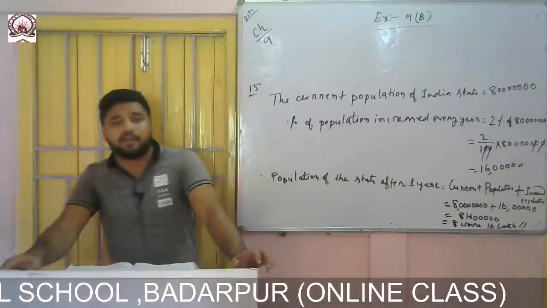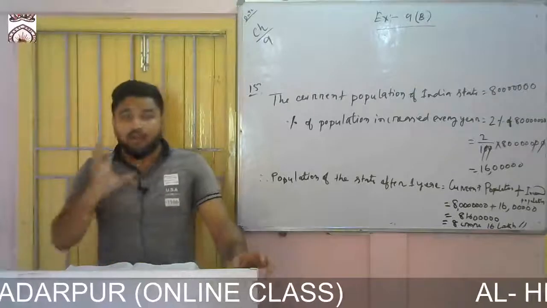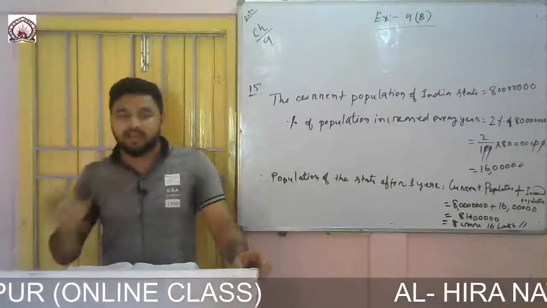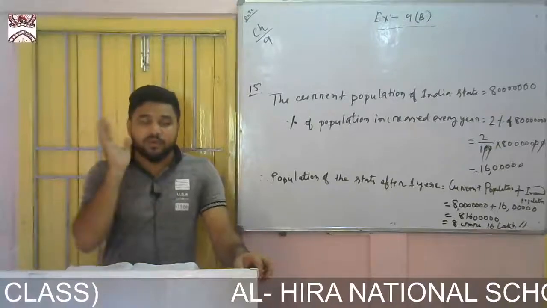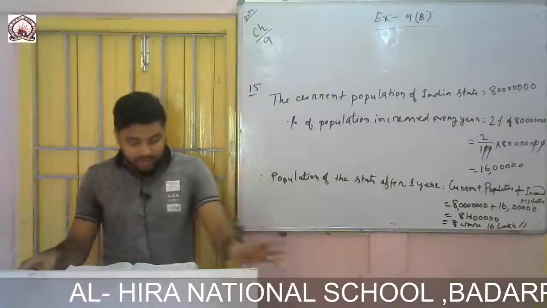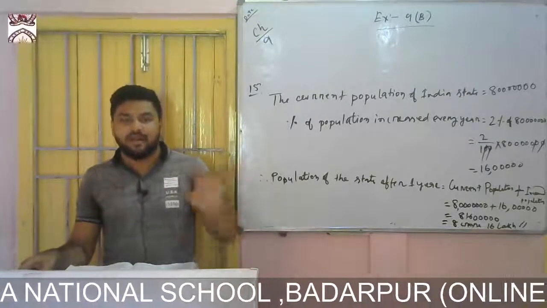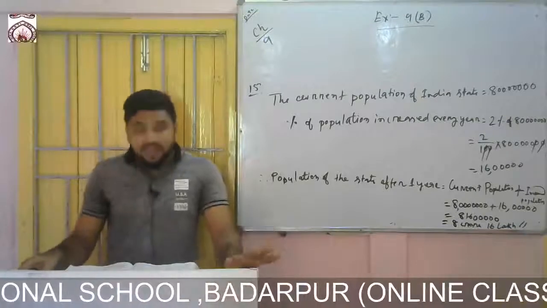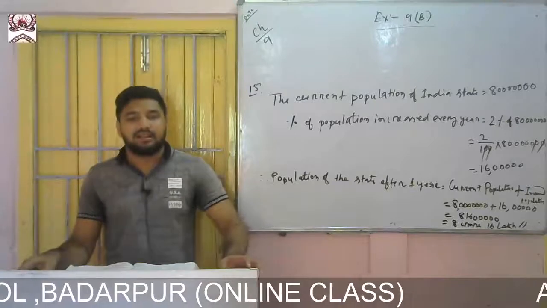A company does a business, and from this business, the profit whatever he gets, 75% of it he uses to buy the machines, the raw materials, and the things needed for the business.